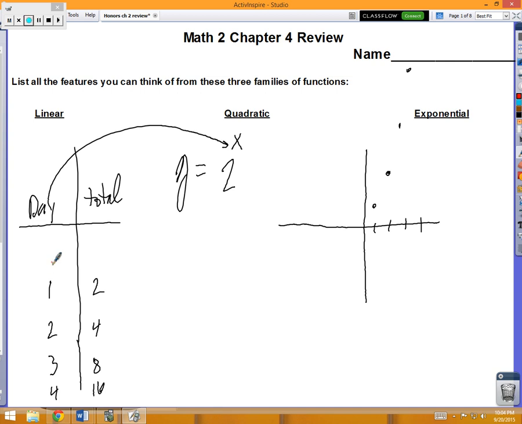So if we go backwards on day 0, divide them by 2, cut them in half. 8 cut in half is 4, 4 cut in half is 2, 2 cut in half is 1. So at 0, you got a dot at 1. Let's go back to day -1, whatever that means. Cut 1 in half, and that is a half. So over here, at -1, you got a dot at a half.